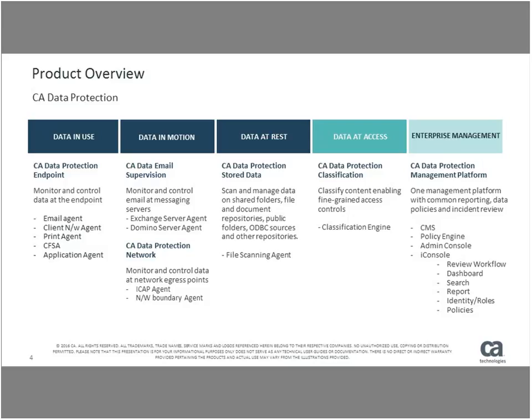CA Data Protection delivers various capabilities like endpoint and data protection at network, stored data, and email supervision, through which we can analyze and control data at a range of control points. So starting with data in use, at the endpoint, we have various agents which can do different types of controls and protection.